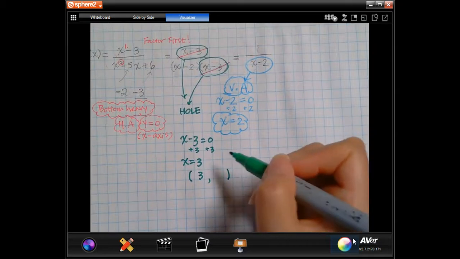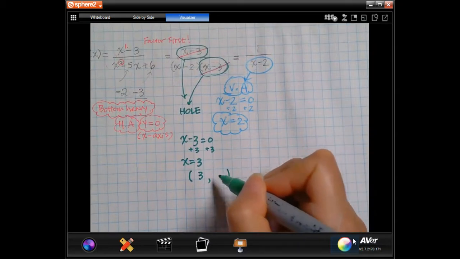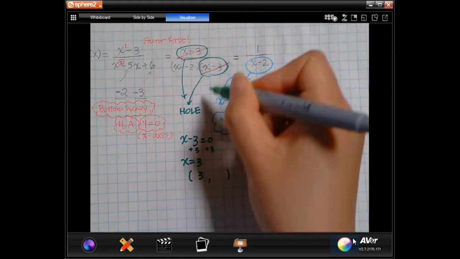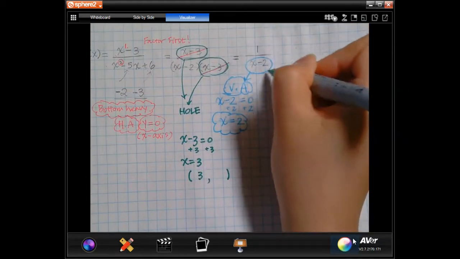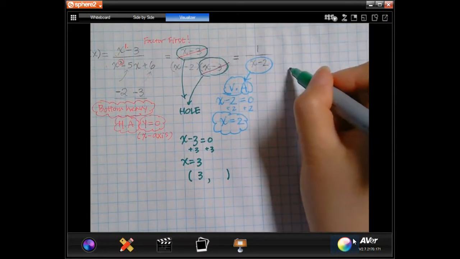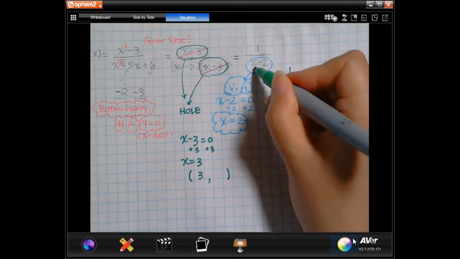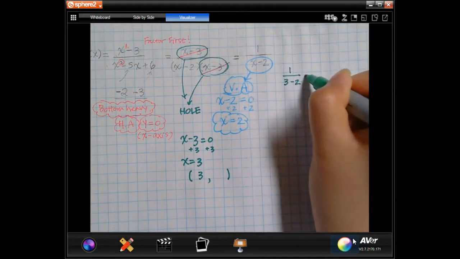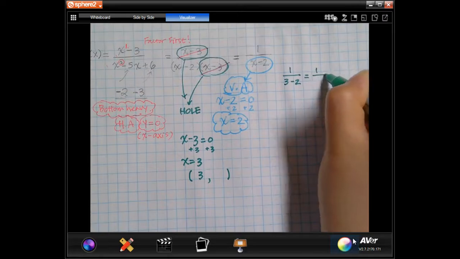Then the way that you can find the y coordinate is you plug this number back into the simplified expression here. So this is going to be 1 over, instead of x, you put 3 there, and then minus 2. So it's going to give you 1 over 3 minus 2, which is 1.